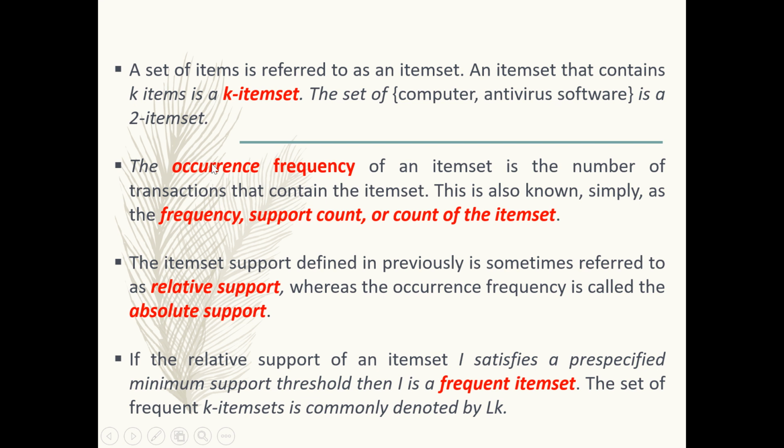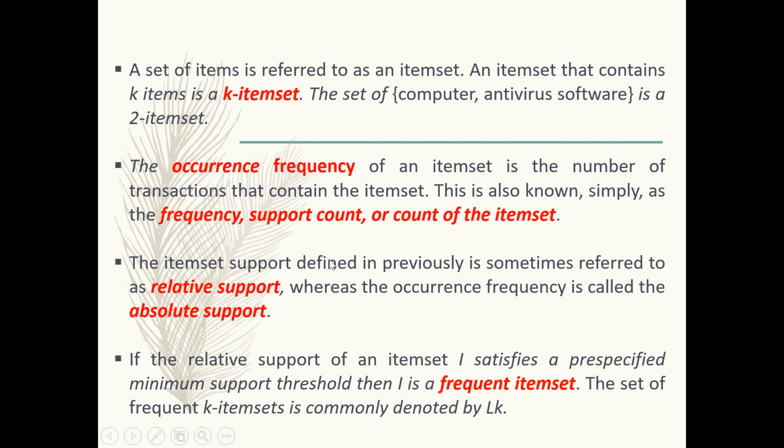It is also known as the frequency, support count, or simply the count of the item set. We have seen how to calculate it. In other words, how many times this particular combination, computer and antivirus, has occurred in different transactions. That is the occurrence frequency.